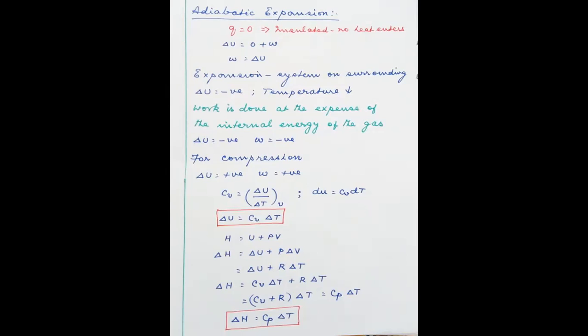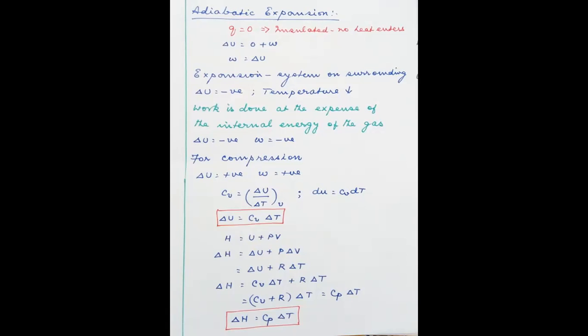So the setup for the isothermal expansion or compression should be in such a way that the energy exchange is much faster. That is why the cylinder is made of a highly thermally conducting material. So the heat has to come out or go in across the walls of the cylinder.